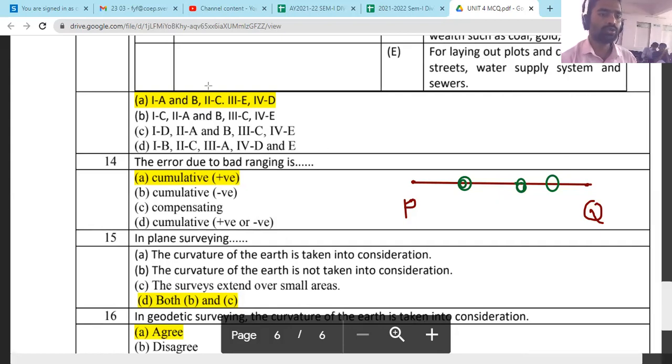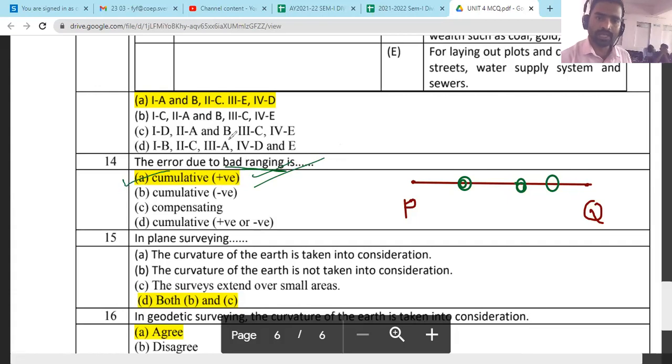There are two types of errors: positive error and negative error. Error due to bad ranging means that if the ranging is bad, errors accumulate. Cumulative error means errors are accumulating.